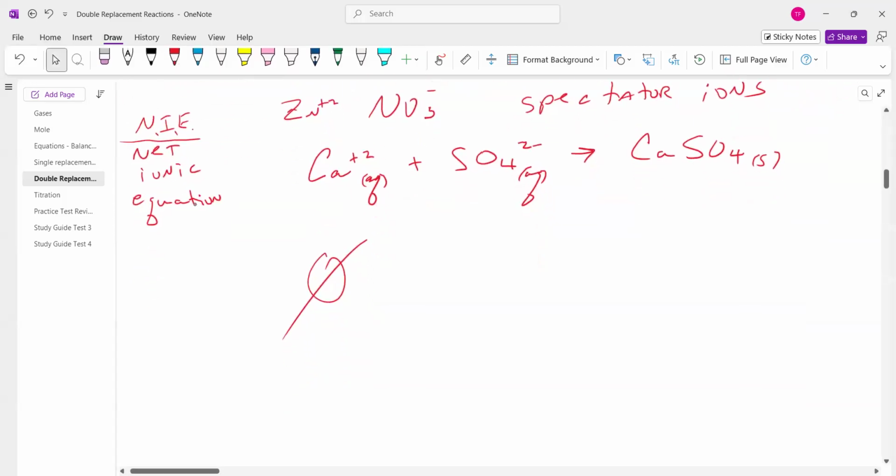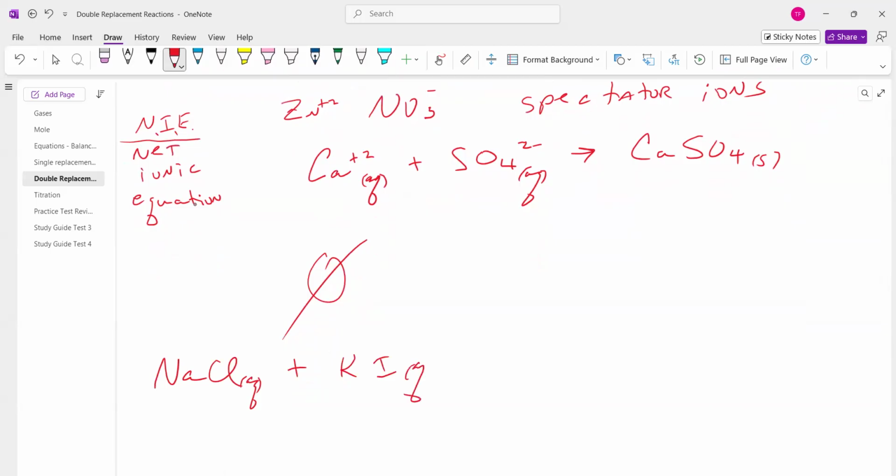An example would be, so then now we're looking at, so in this case, no visible reaction or null set. And that means everything's a spectator ion.